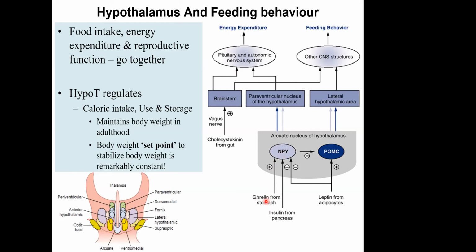So ghrelin, as I just said, is released on empty stomach. It is released before you take a meal, before the stomach is full. As the stomach starts to get full with food, ghrelin starts to decrease. So this is ghrelin effect on arcuate nucleus of hypothalamus, and then finally insulin from the pancreas.